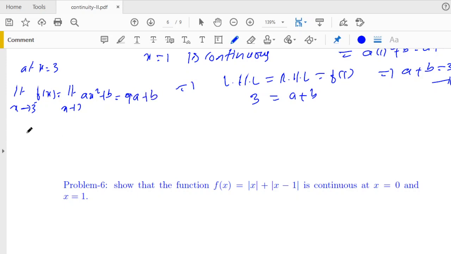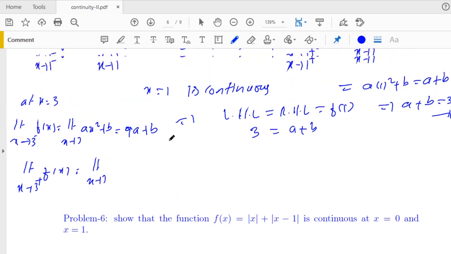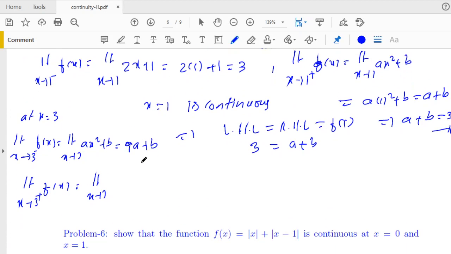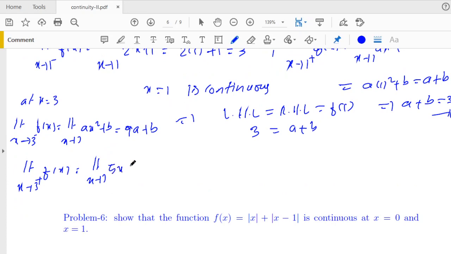When x approaches from the right, that means 3 plus, f of x equal to limit x goes to 3, when x is greater than 3, f of x equal to 5x plus 2a. This value equal to, now apply x equal to 3, therefore 5 into 3 equal to 15 plus 2a.